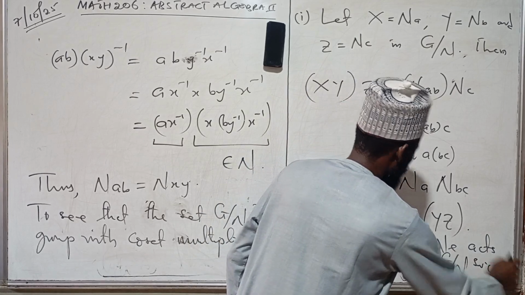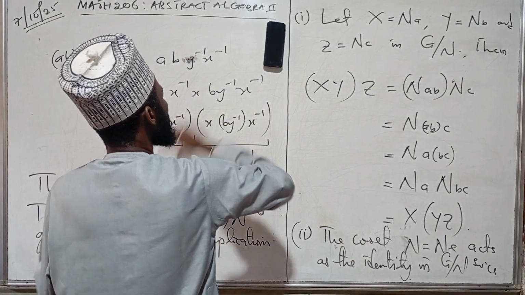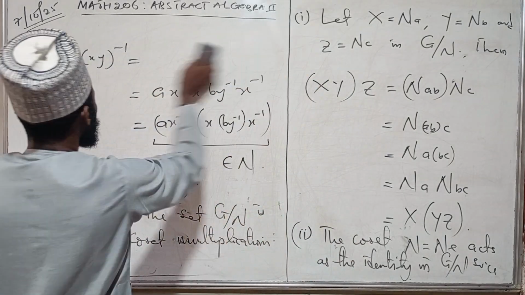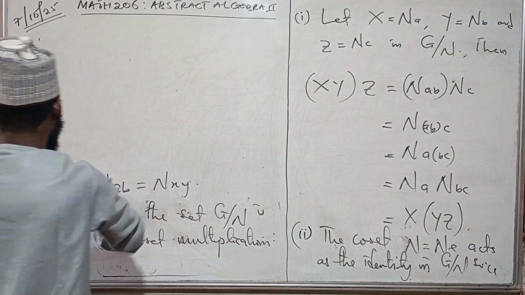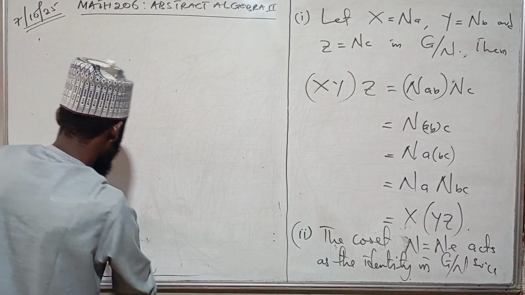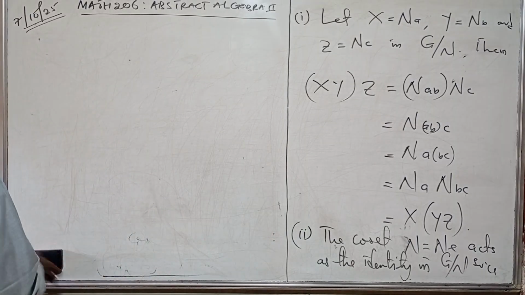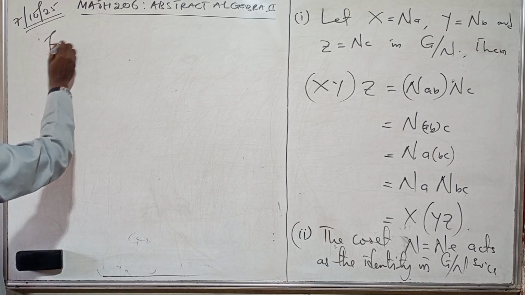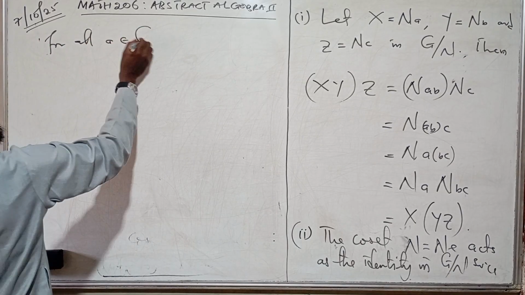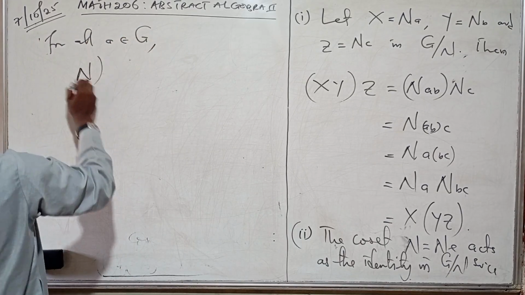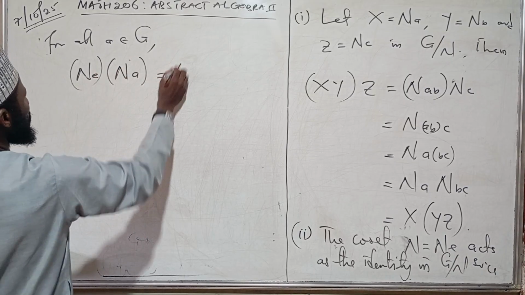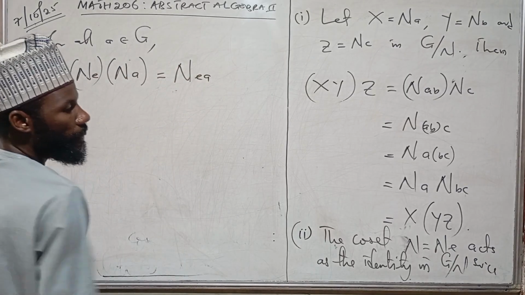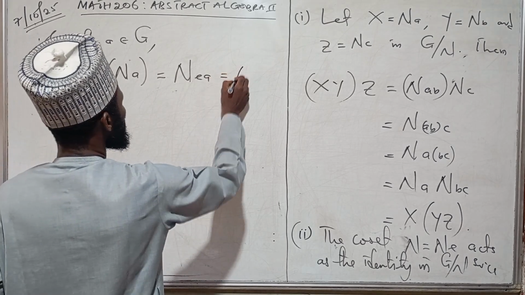Since if you take any coset of that nature and multiply by N, you arrive at the coset. For all a in G, Ne times Na will always be Nea, which is equal to Na.